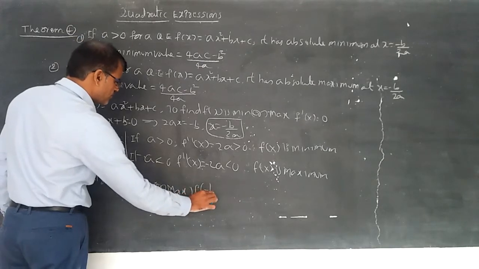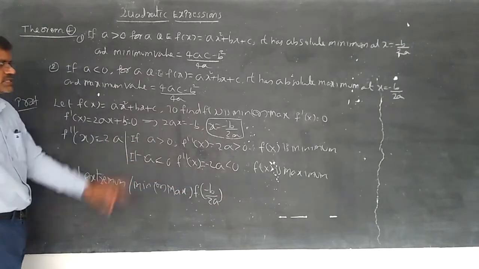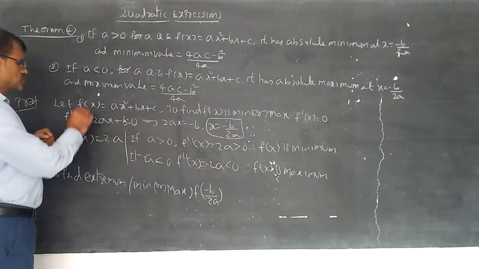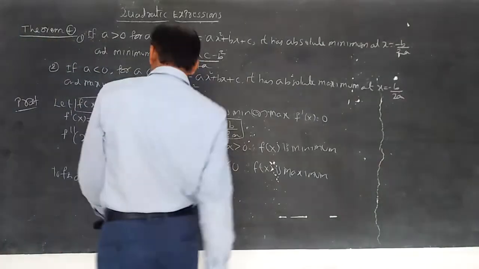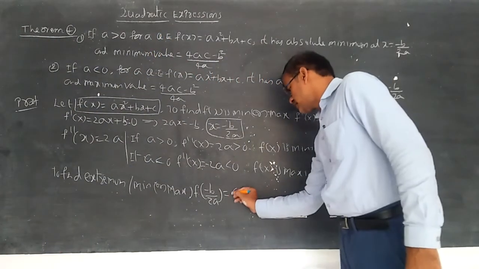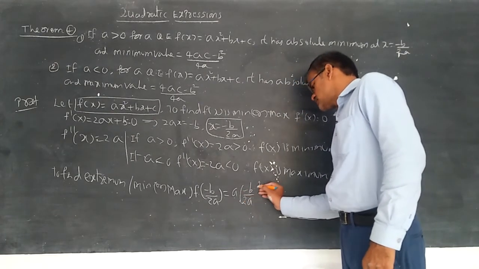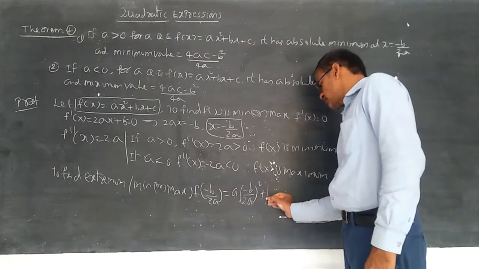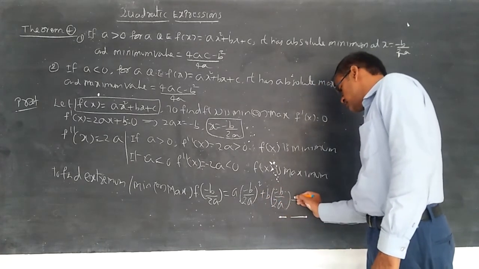You can write f of minus b by 2a. The value deciding whether it is min or max, you can substitute in this f of x. So substitute here, instead of x, minus b by 2a: a into minus b by 2a whole square plus b into minus b by 2a plus c.